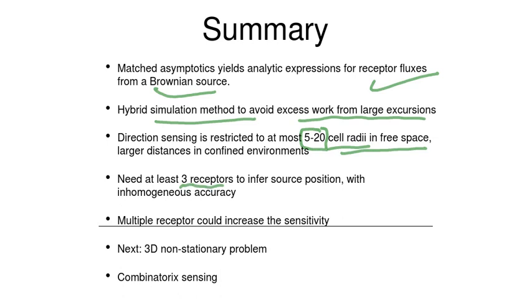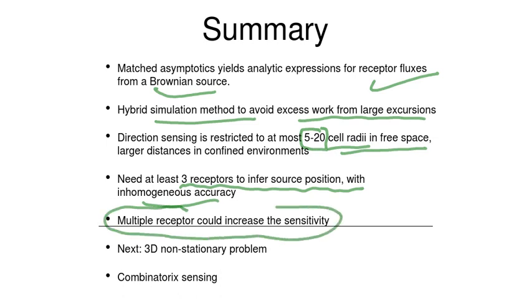We need at least 3 receptors to infer the source position with inhomogeneous accuracy. We saw that multiple receptors could increase the sensitivity by reducing the radius of uncertainty. So in the future, I'll show you what happens when we are in a non-stationary situation, when we don't necessarily have a steady-state distribution, and how we can use combinatorics or morphogens to have a more accurate sensing.